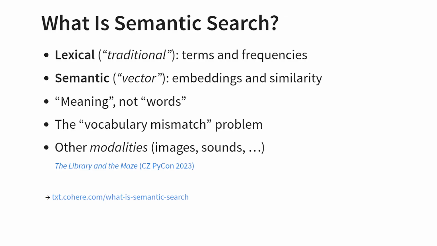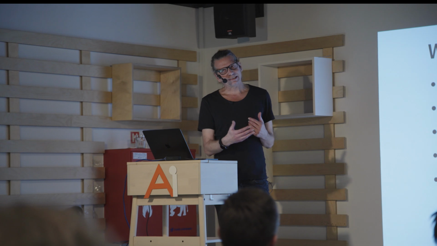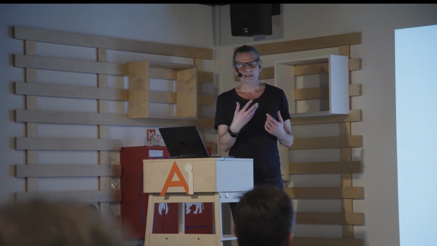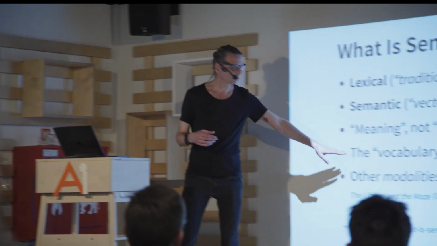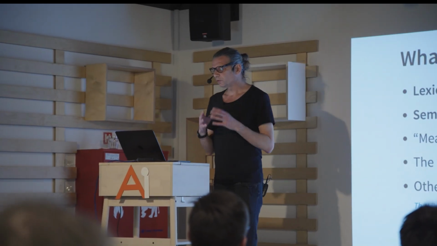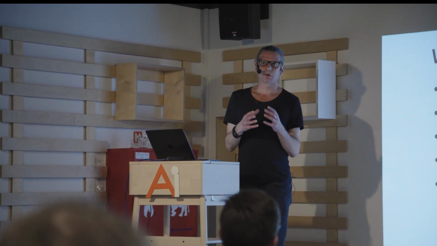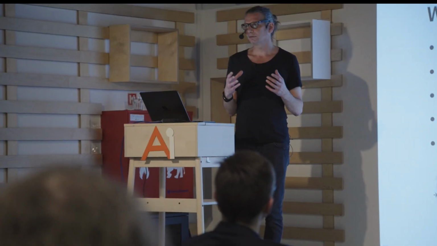But the important thing to keep in mind is that fundamentally, semantic search is concerned with the meaning, whatever that means for the moment, and the lexical search is concerned with the words, with the text itself. That presents at least one problem for the traditional lexical search, called the vocabulary mismatch problem. If you know what you're searching for, then you're going to find it.